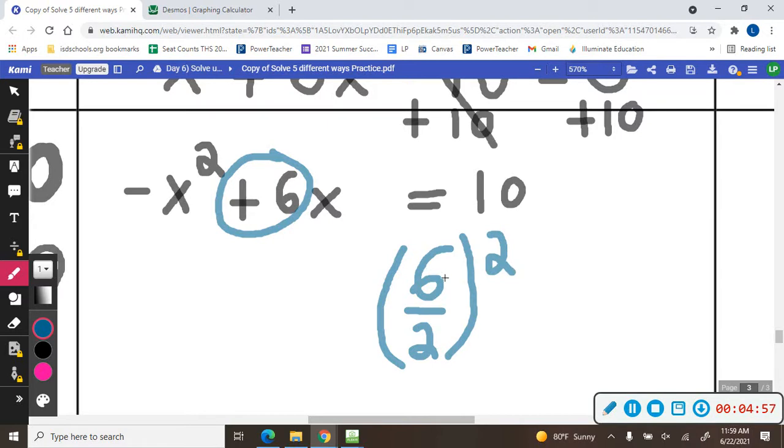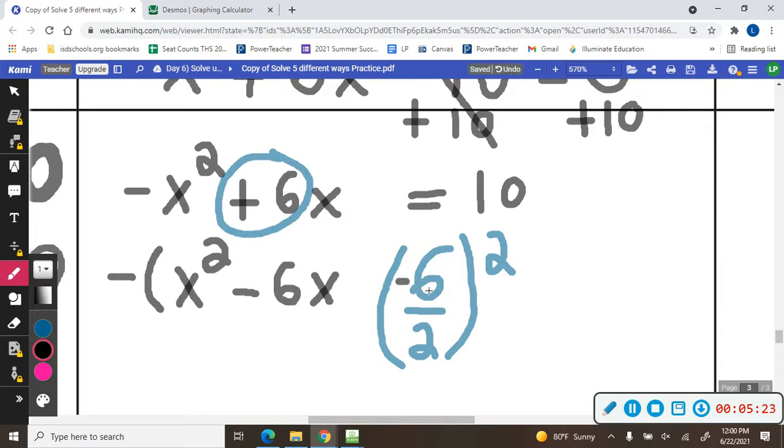Now I did forget one little step. I actually need to factor out a negative first. So if I factor out a negative, I get x squared minus 6x. But I still get the same thing, because if you square a negative you get a positive. Negative 6 divided by 2 is negative 3. You square that, you get 9.